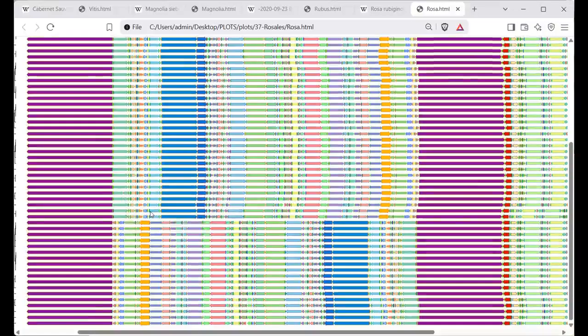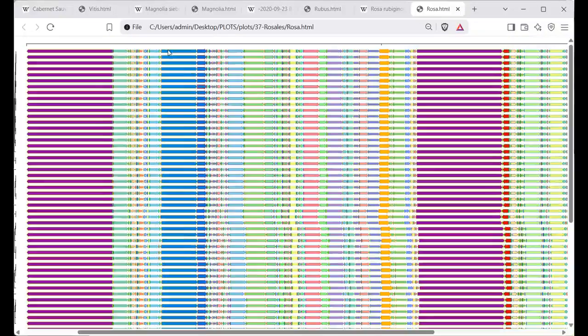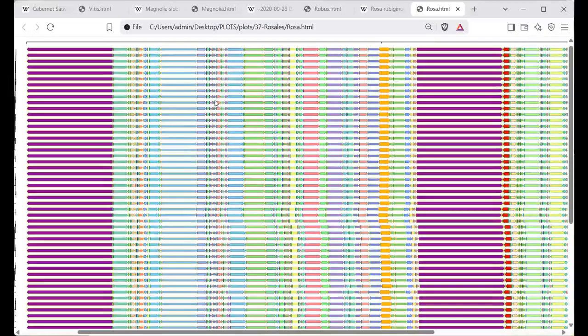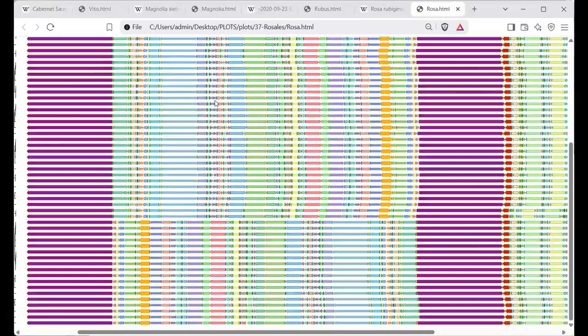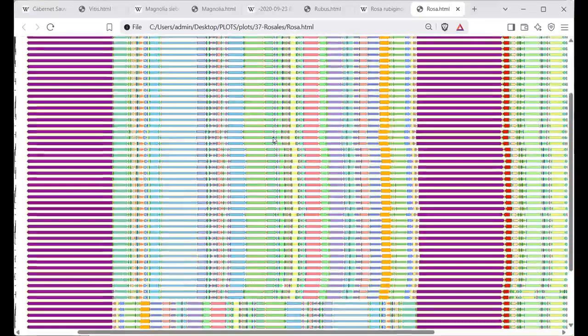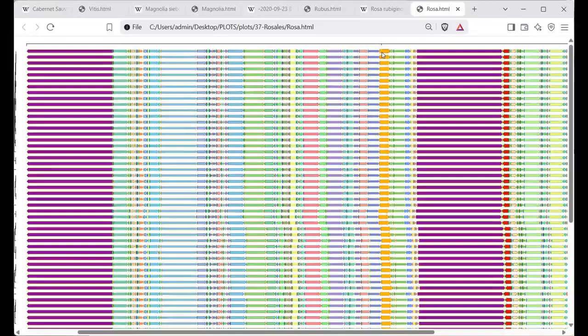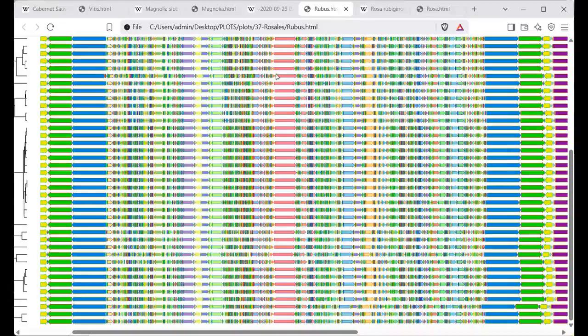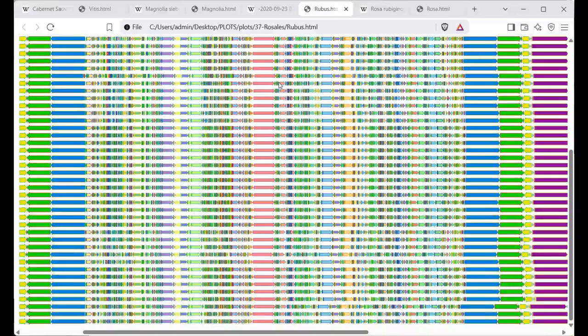So it just happens that when the plastid sequences are assembled, the sequence that gets submitted picks only one of the two isoforms. And I think what happens often is that these sequences try to match each other from different species to generate the assembly, and that's why you see a degree of uniformity, like when you check Rubus or Magnolia, you didn't see a mixture of 50-50 of these two isoforms.